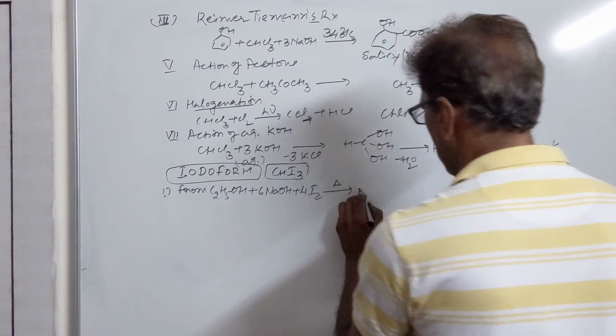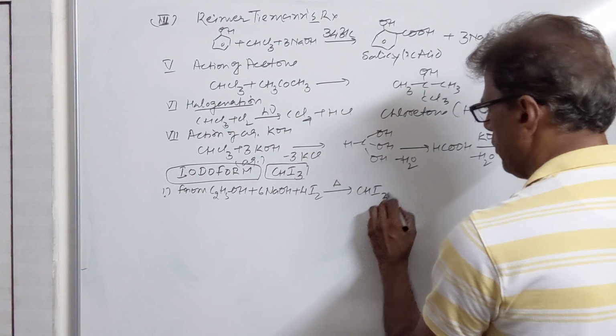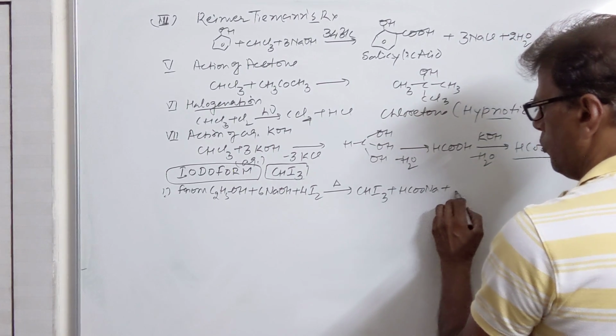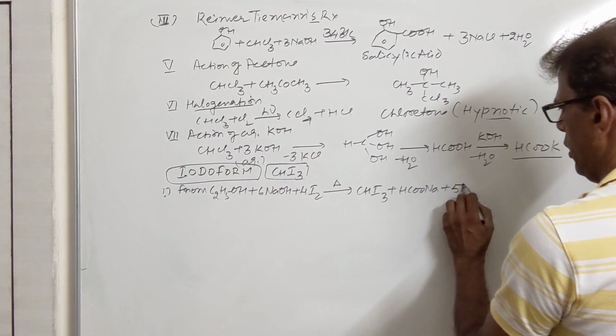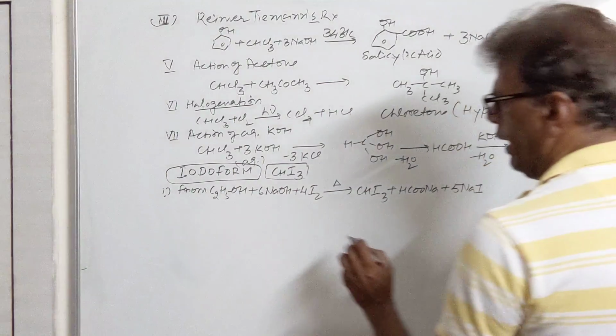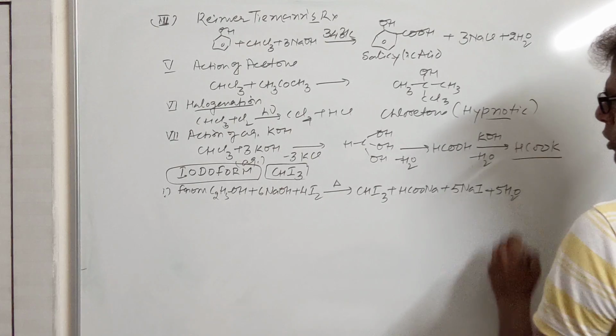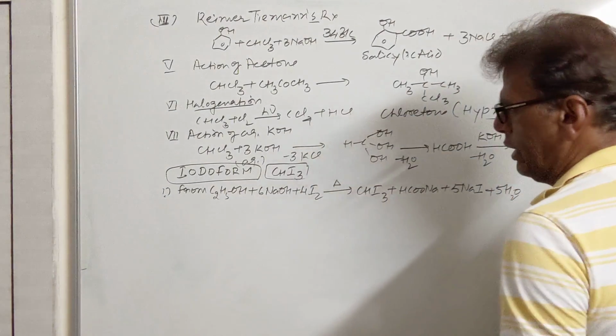On heating, it will give you a yellow precipitate of iodoform plus sodium formate, plus you will be getting 5 NaI, and you will have 5 water molecules. So this is from ethyl alcohol.